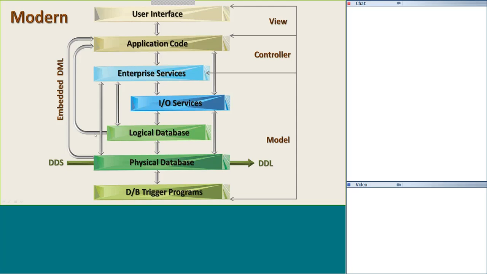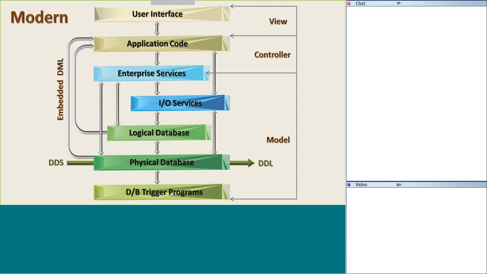It's acceptable if you do this to extract data from either your logical or your physical database. But done properly, you will not be able to put data into your physical database directly from your application code. Whereas you'll see all the other arrows in this whole picture have a multi-directional, a two-directional function. This one is one direction only. Break that rule and you're exposing your database to all sorts of problems.